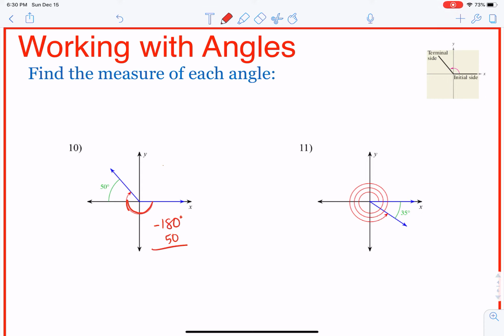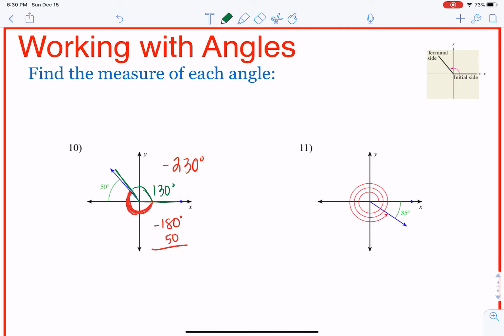The measure of this angle will be negative 230 degrees going this way. So negative 230, but what's the measure of the angle if I were to treat this as my initial side and this as my terminal side? Well, I know there are 360 degrees in an entire circle, so if 230 of them are already taken, that would make this measure here 130 degrees.